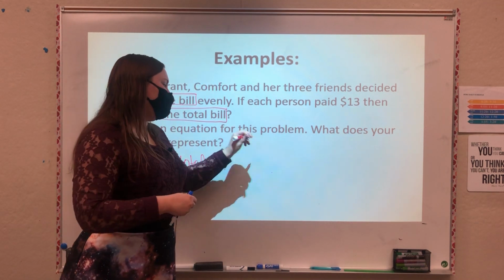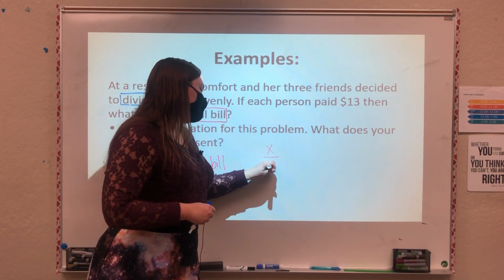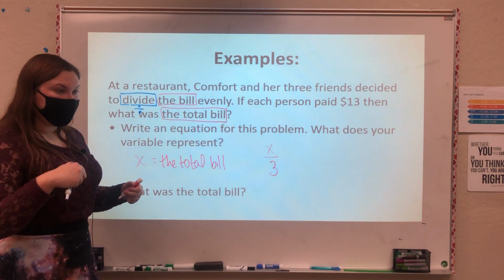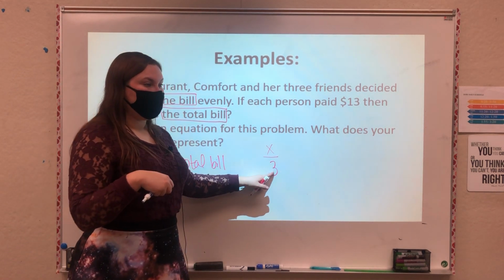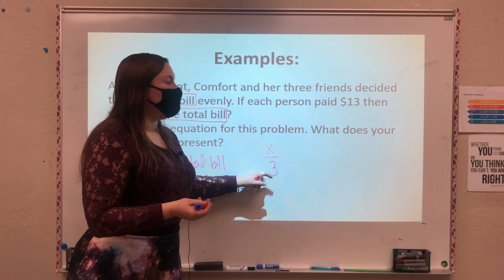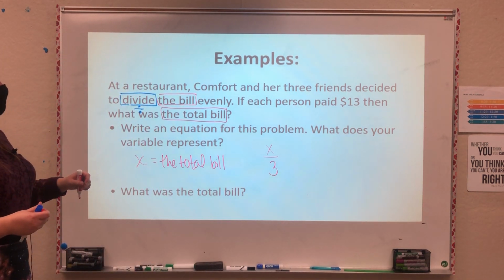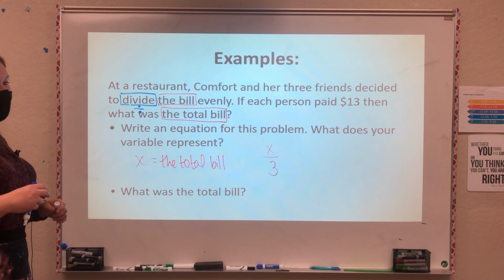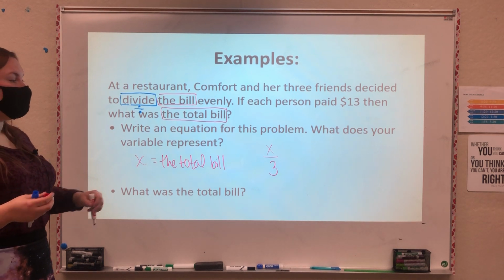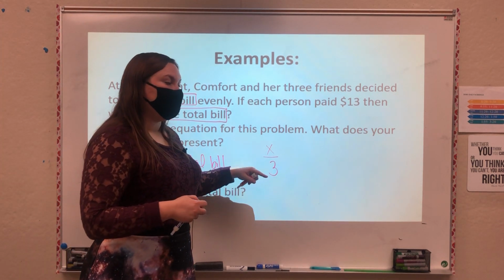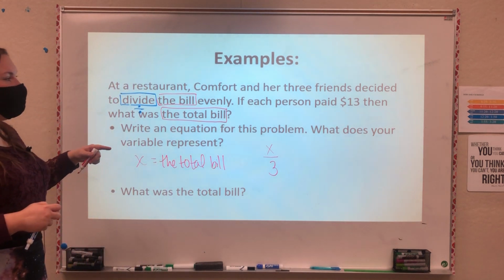X divided by 3. Where's that 3 coming from? The 3 people. So we're saying we're dividing the bill by how many people are eating? Do we give the people variables too? You only would use a variable if you don't know what the number is. So you said we're going to divide the bill by how many people? 3 people. How many people?